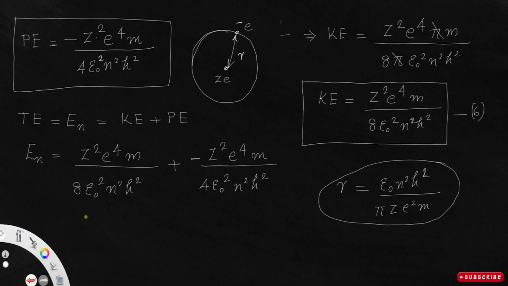We have to make the denominator the same. So what I'm doing is multiplying by 2 on the numerator and the denominator of the second expression.